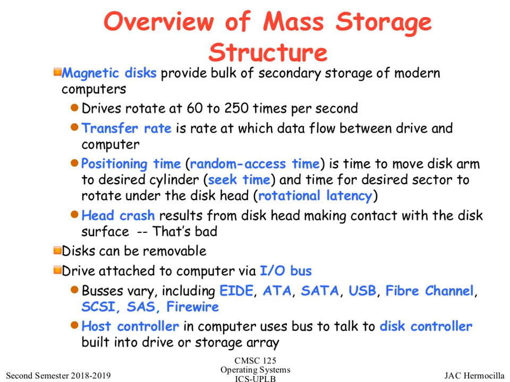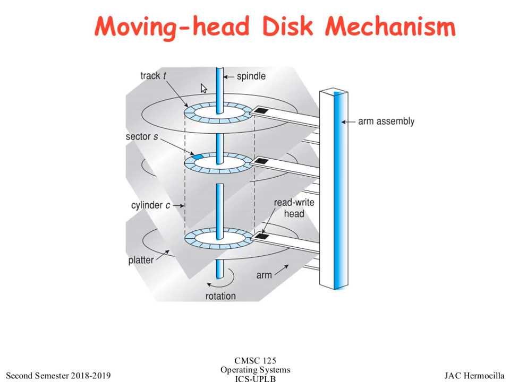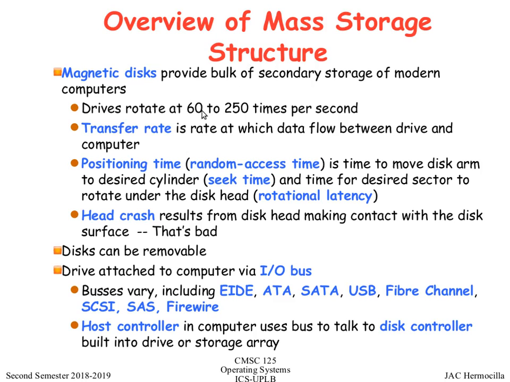So we have secondary storage, mass storage, you have magnetic disk, you have these properties, right? Essentially this is the structure of a disk. You have the arm assembly, and if you open your hard disk, you're going to see these platters. And these are the descriptions of that. So how do you describe disk access?